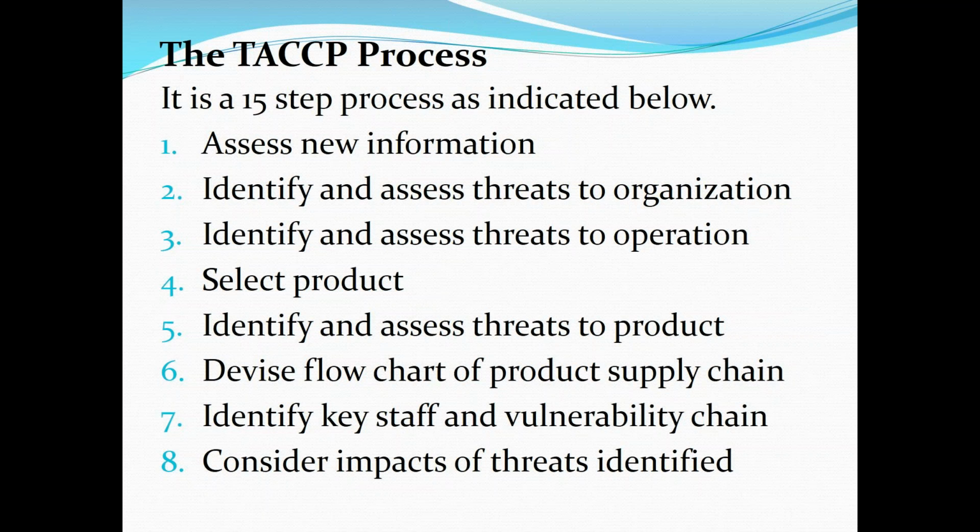It could be premises, it could be factory, it could be site, it could be related to purchasing, etc. Then select a product which is representative of a particular process. You may be producing several products, but you just select a product from one of those lines and subject that to TACCP. It's very similar to HACCP.